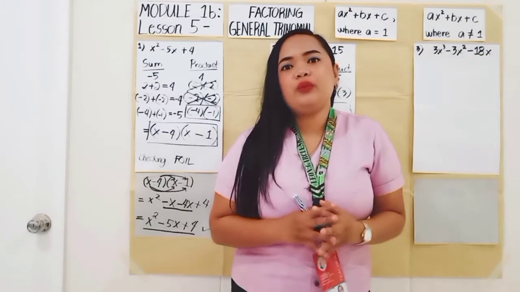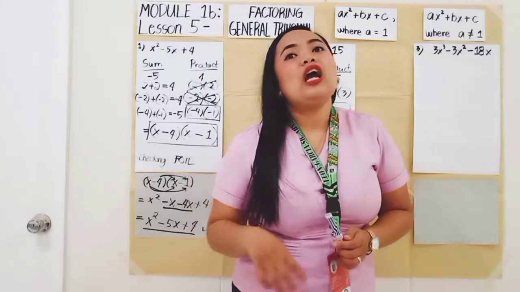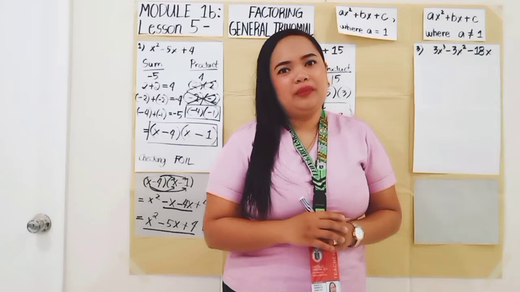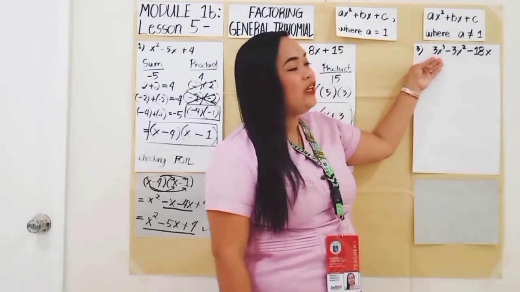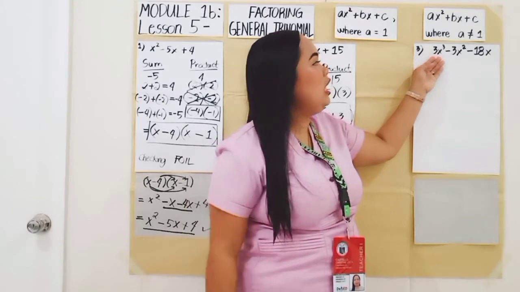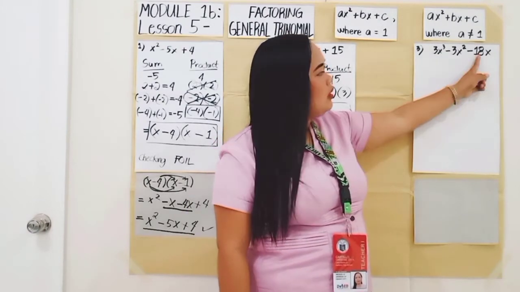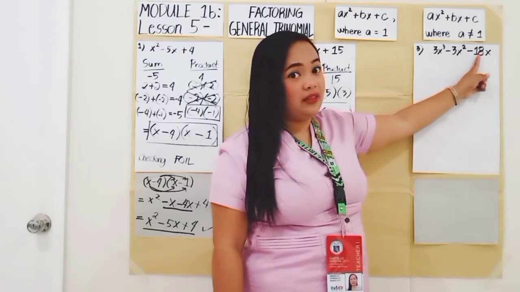Now, I want you to review your lessons in factoring greatest common monomial factor. Identify your greatest common monomial factor in each of the terms. So 18 can be factored as 6 times 3.